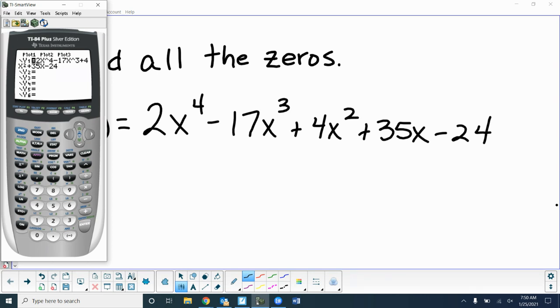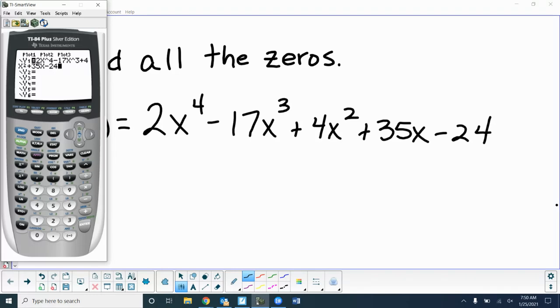Come on, help me out. Yeah, the zeros are the zeros, but what do I look at once I hit graph? On the graph, the x-axis, right? Where the graph touches or crosses the x-axis. We all realize that, right?